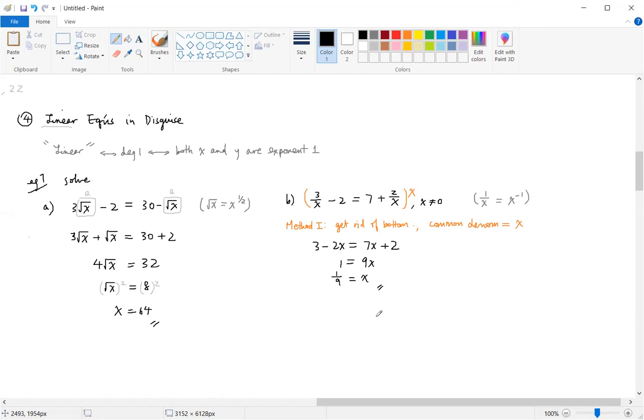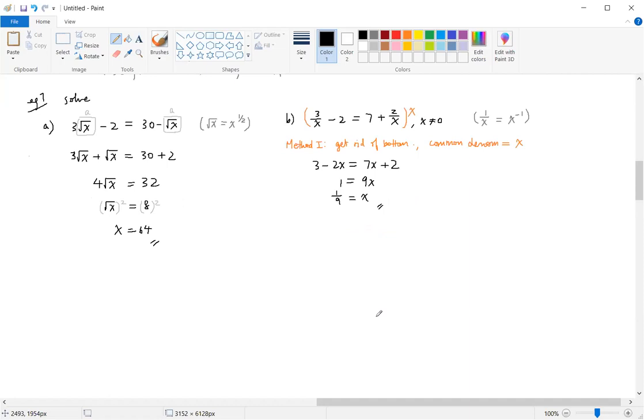Well, since I wrote method 1, of course I have a method 2, where I want to solve it the linear method. So how do I solve it as a linear? You recognize 1 over x is the block.